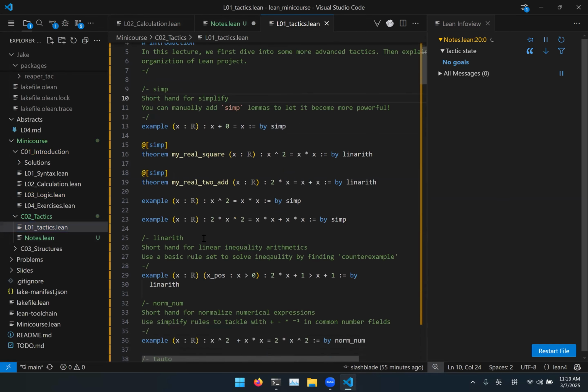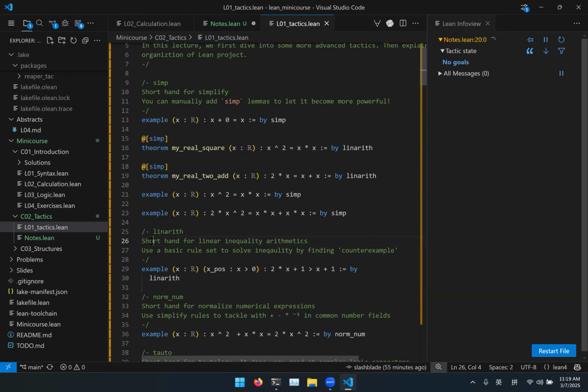The second tactic I want to introduce is linarith. You will see linarith in the REPL or in Mathlib from time to time, but it is actually a shorthand for linear inequality arithmetic. You can also solve equalities, using the same algorithm.